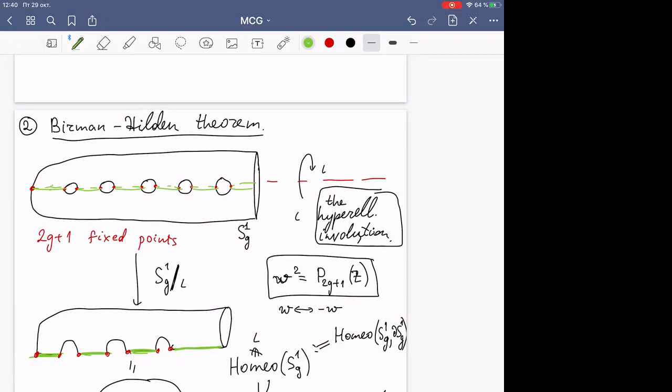Of course, suppose that we have a symmetric homeomorphism upstairs, then downstairs it induces a homeomorphism. And the symmetric homeomorphism always preserves these fixed points setwise.